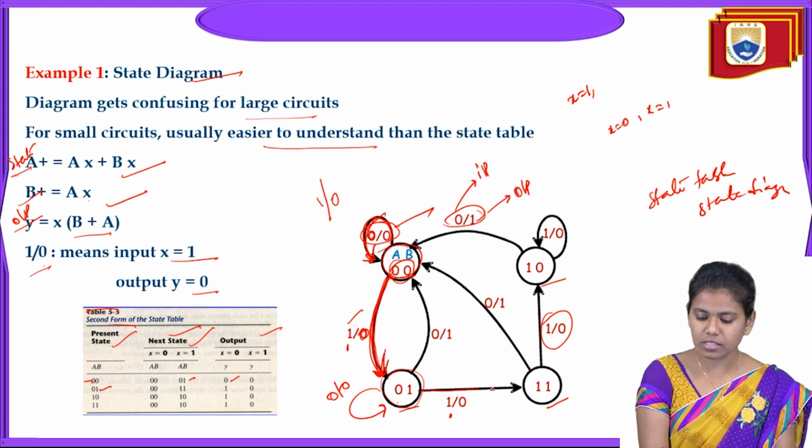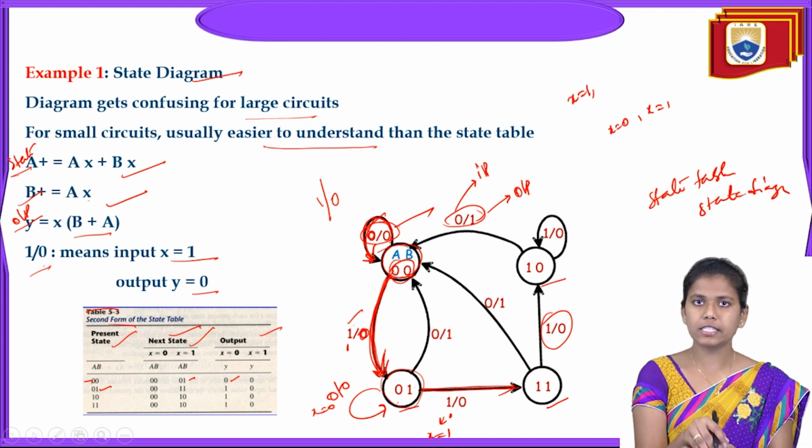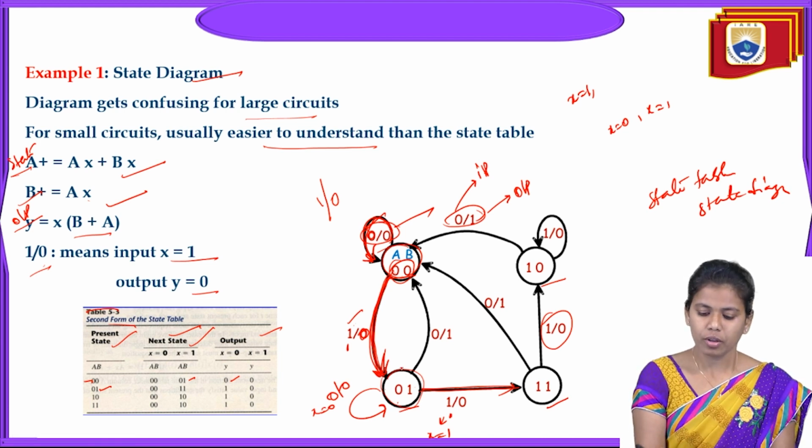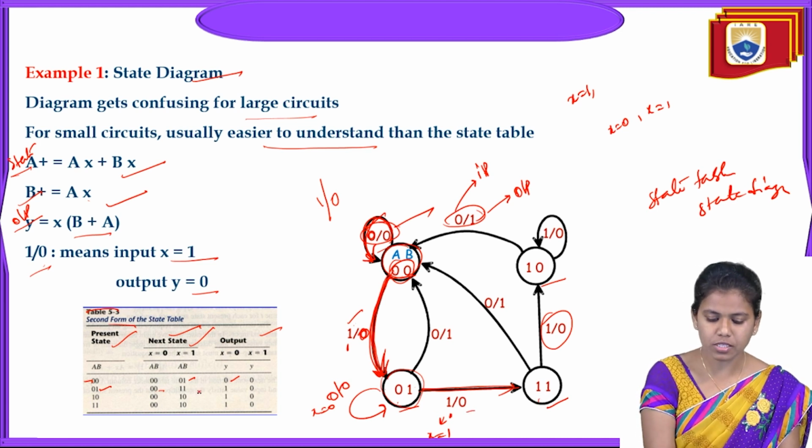It's taking its transition to 1, 1. Isn't it? When X is equal to 1, it's taking its transition to 1, 1. But when X is equal to 0, it is in itself. So the state is in itself as 0, 1, 0, 0. So it is 0, 0. And then if it is taking transition, then the output is 0.